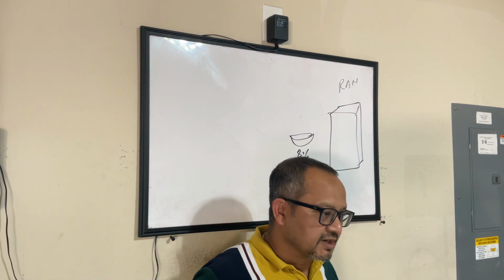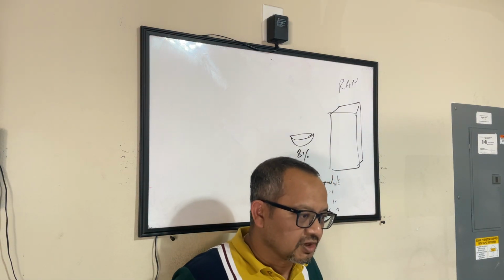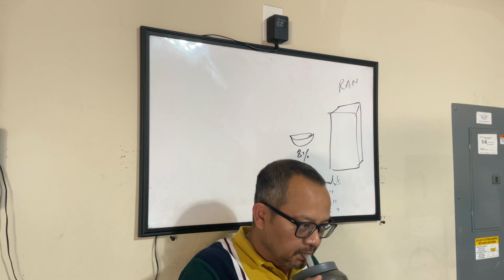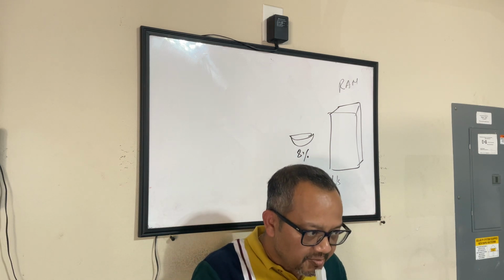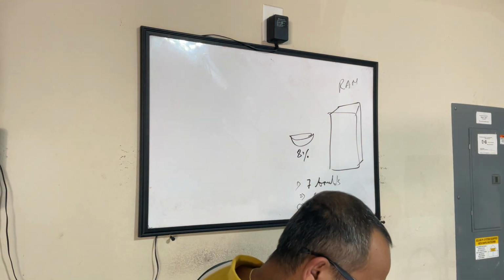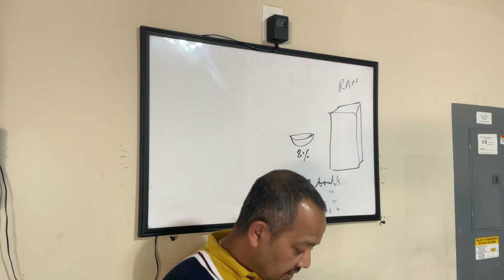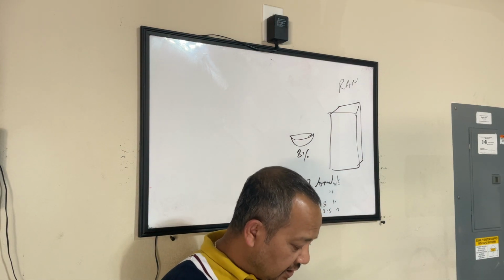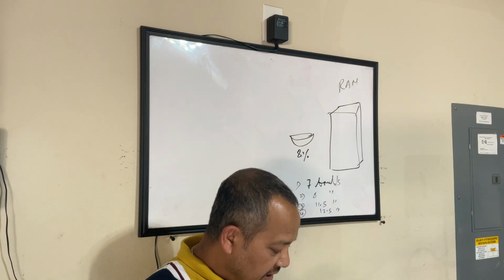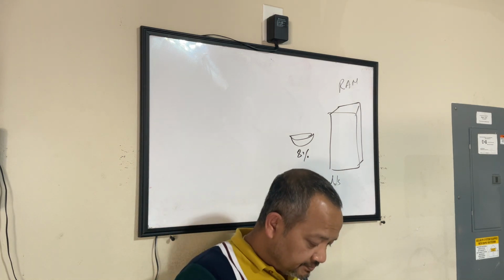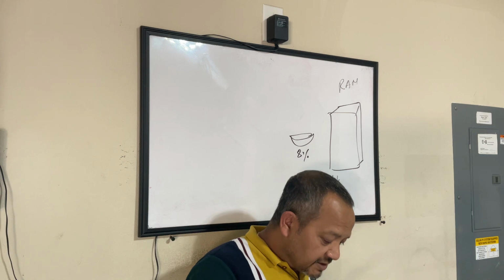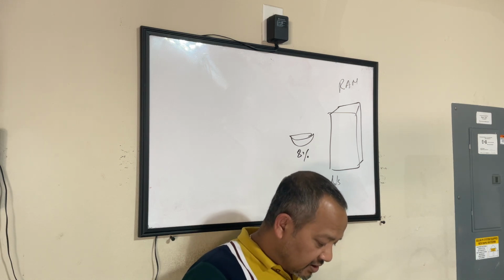Everybody heard the question, right? Now I'm assuming that there's no doubt about the question at least, right? Can you say the question again? Today, Ebuka opened a new cereal box. He ate a bowl of the cereal, which was 8% of the cereal in the box.